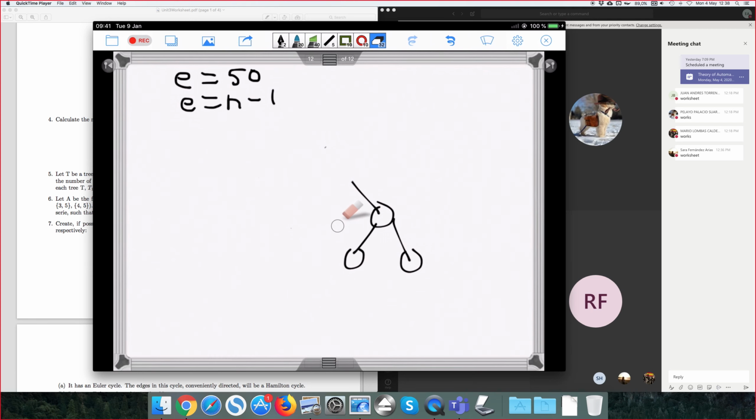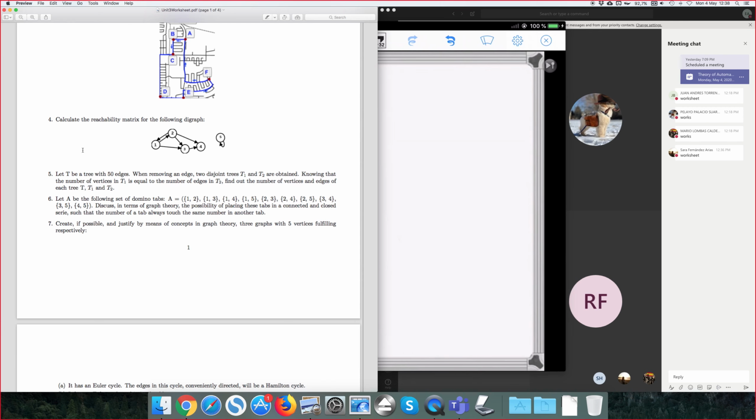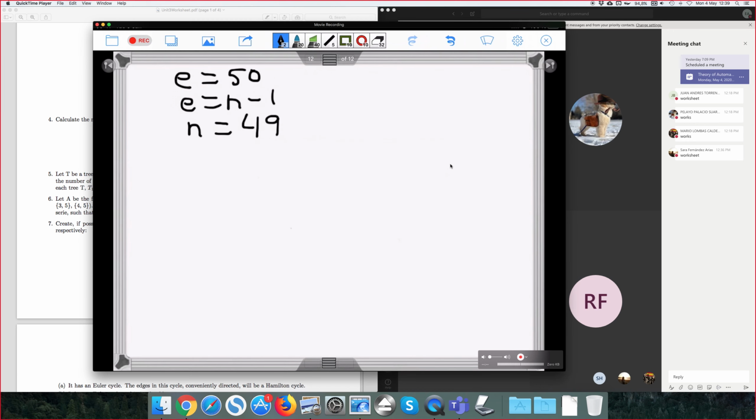So this is something that is true for any tree, and we immediately deduce that the number of vertices in this case is 51. I'm writing this information because the problem will ask us about this kind of thing. Now they tell us that when removing an edge from the tree, we obtain 2 trees, T1 and T2. Again, this always happens.